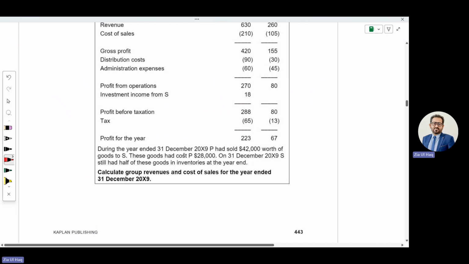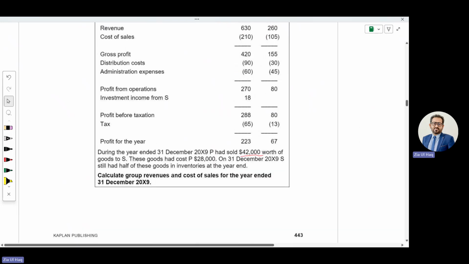During the year ended 31st December 20x9, P had sold 42,000 worth of goods to S. P is the parent company, S is the subsidiary. So there is a 42,000 sale recorded in the parent company and a 42,000 purchase recorded in the subsidiary.